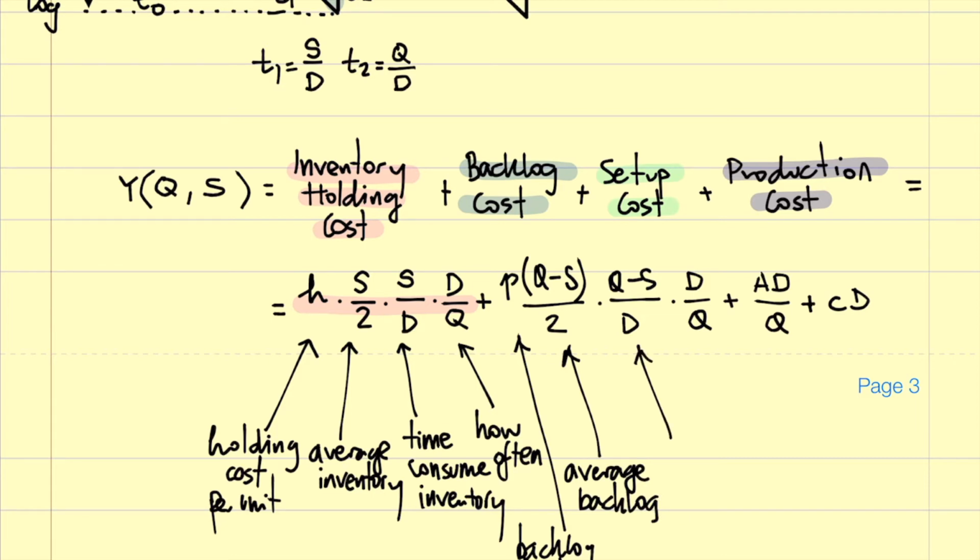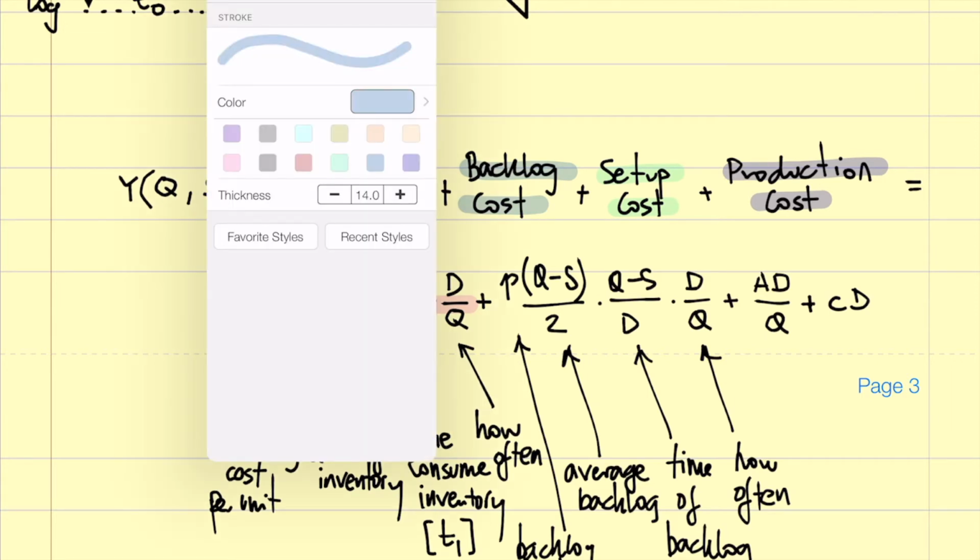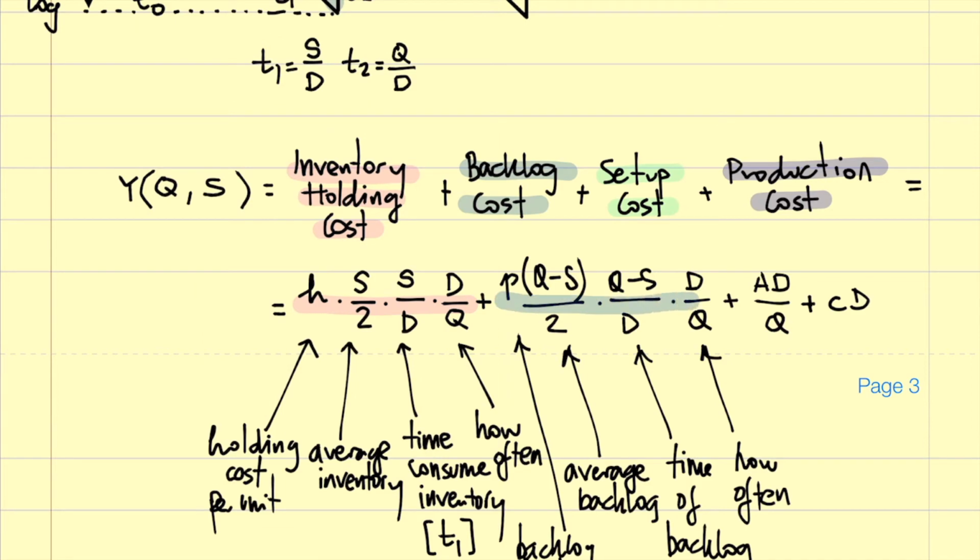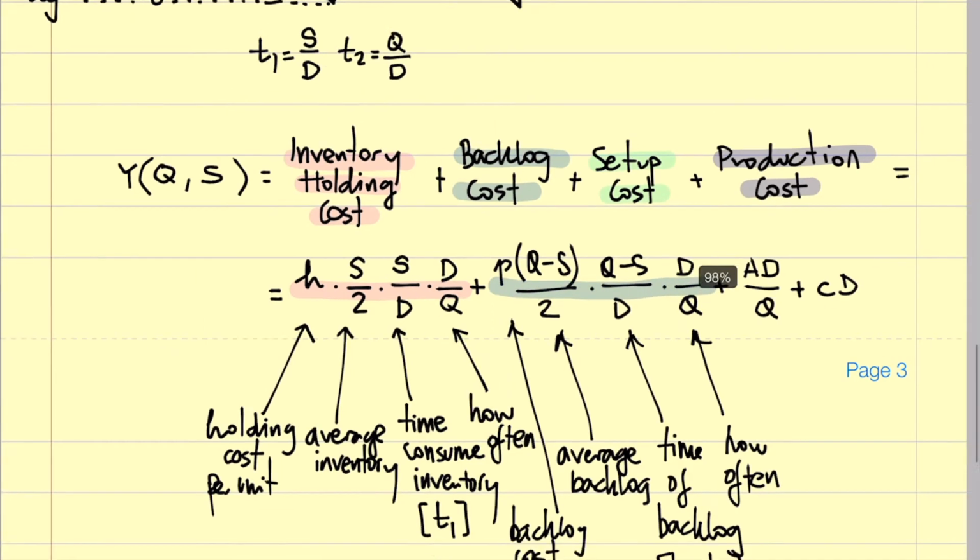Q minus S divided by D is the time of backlog. So T2 minus T1. And this is the frequency, how often, so that we get the overall cost. And the other two are the same as above. Okay?